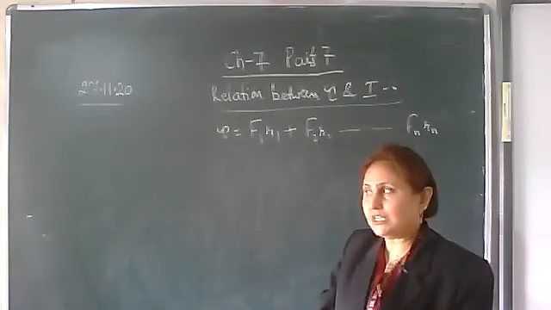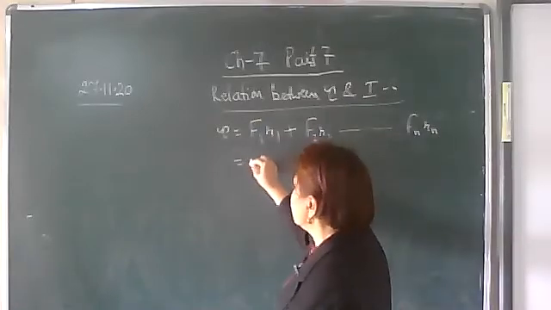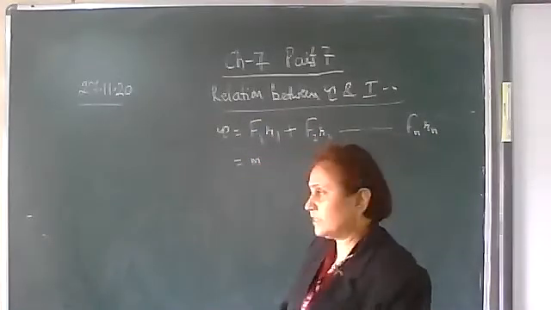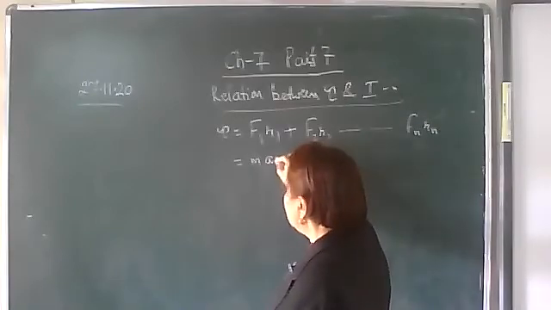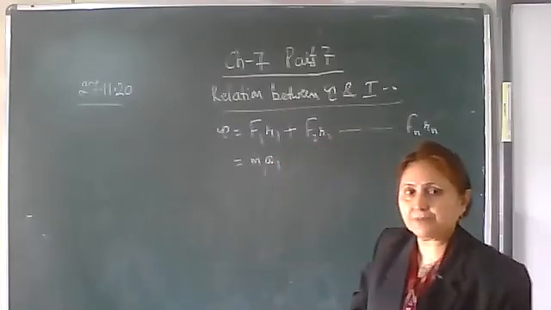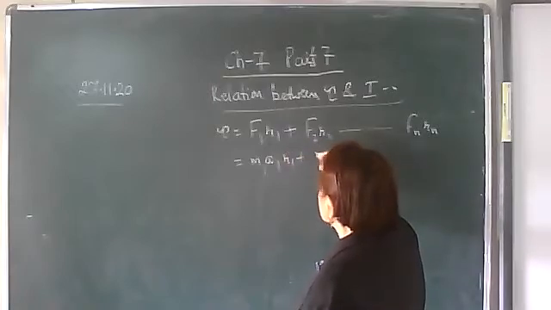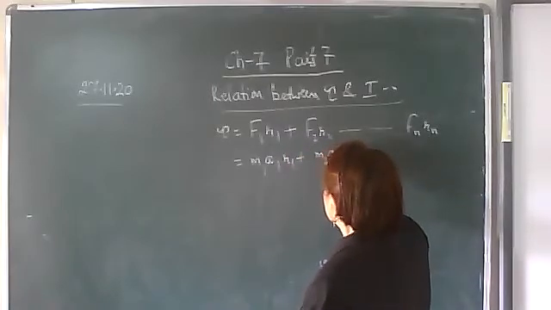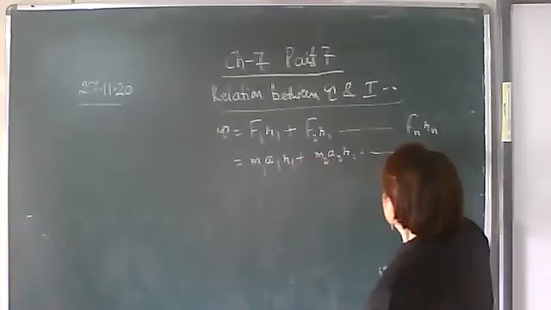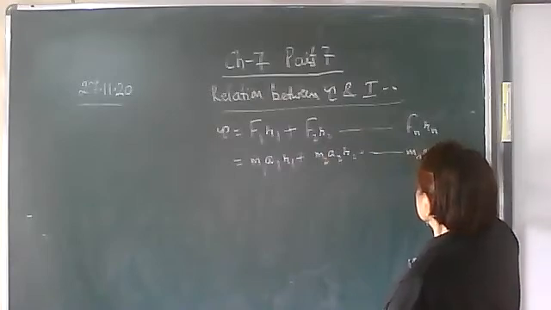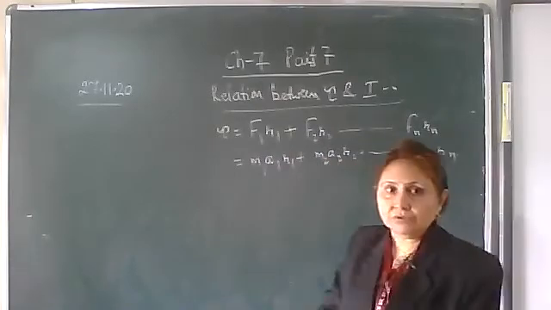Now, force is equal to mass into acceleration. Let the mass of the first particle be m1 and its acceleration be a1, plus m2 a2 into r2, and so on.